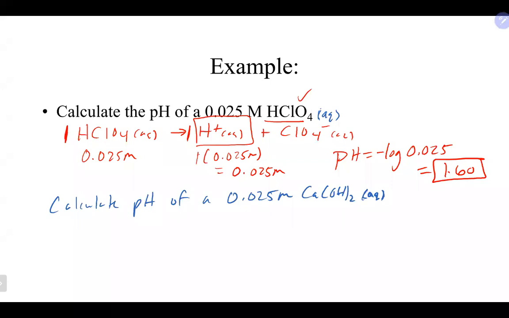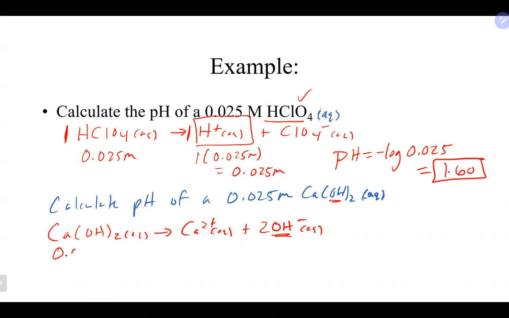Any questions on that? This is going to be a strong base, I know, because I see hydroxide there, so that's probably a good hint. When this breaks apart, we're going to get a calcium ion, and we're actually going to get 2 hydroxide ions. It's actually the OH minus that's important here to allow us to get to the pOH.